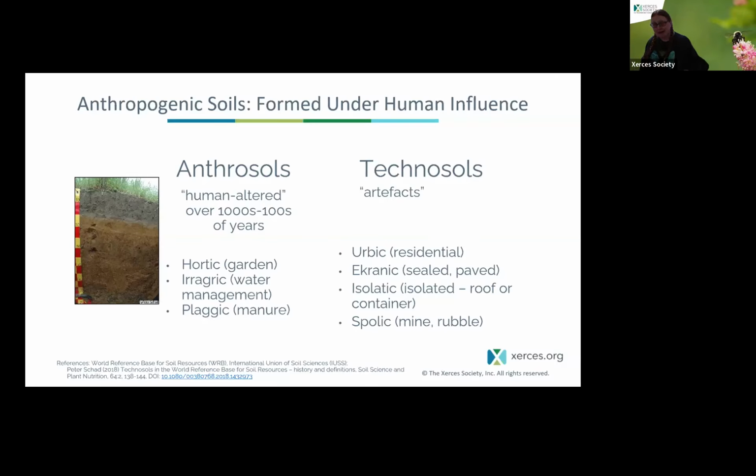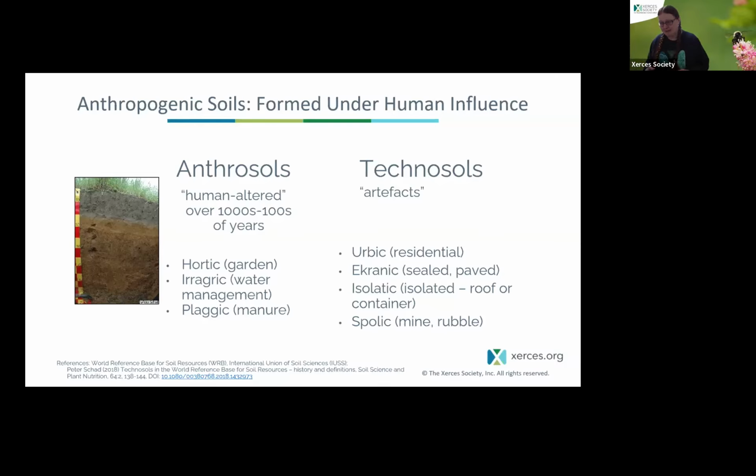These are really heavily modified by construction, human activity, often containing a large proportion of manufactured artifacts, like concrete, bricks, industrial waste. We see this a lot in our urban farms and gardens and landscapes, right? Especially when we have an abandoned lot or something that has been converted into a community garden.